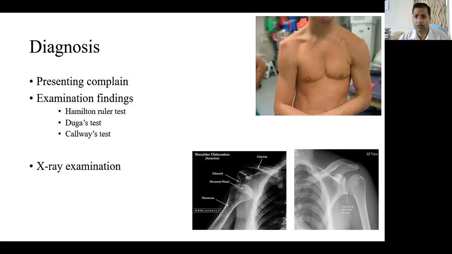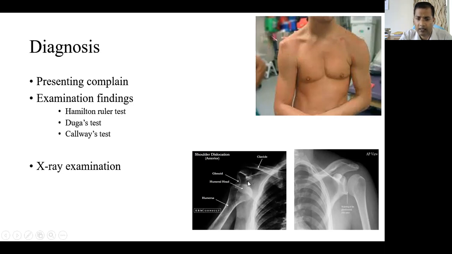You can find out that it is a dislocation. To confirm the diagnosis, you can order some x-rays. Usually the AP view of the x-ray is required to see these disorders. You can see in the picture here that the humerus head lies in front of the glenoid cavity. You can see the glenoid cavity.